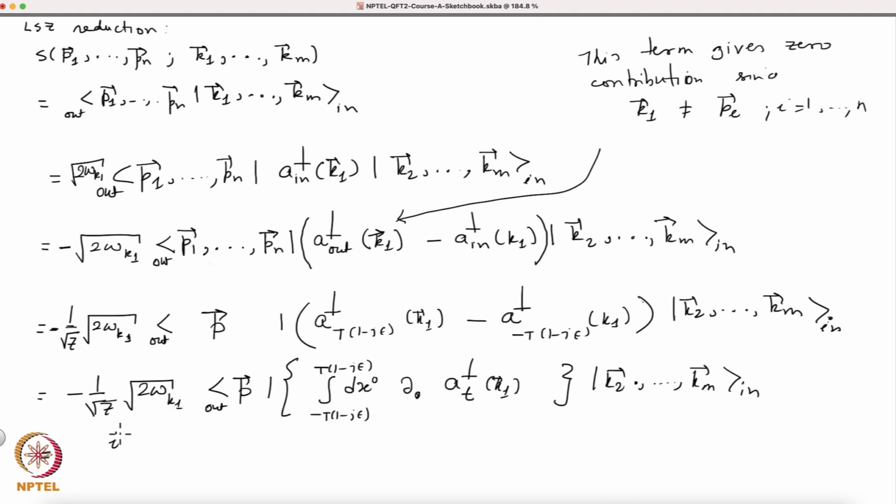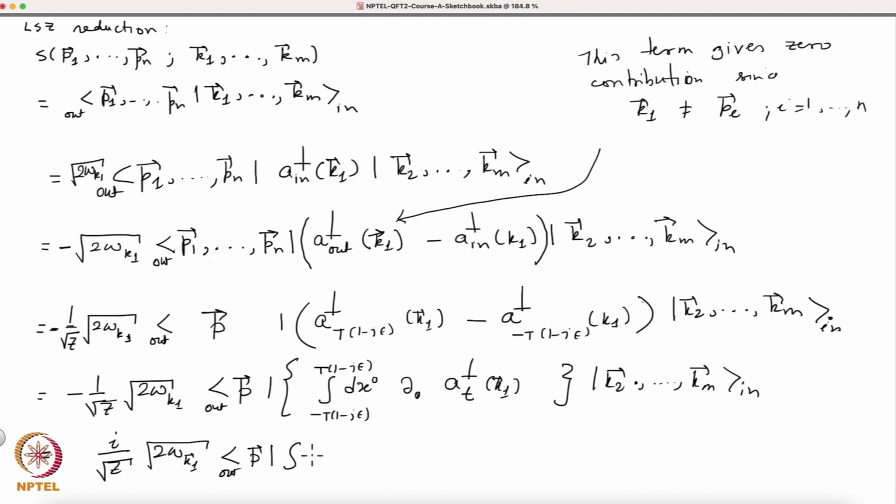Anyway, so i over square root of z, root 2 omega k1, and then you have this out state which I am writing in short like this, and this is integral dx naught you have anyway, and you are going to have d cube x once you put the expression for this one, del naught acting on a_t dagger.